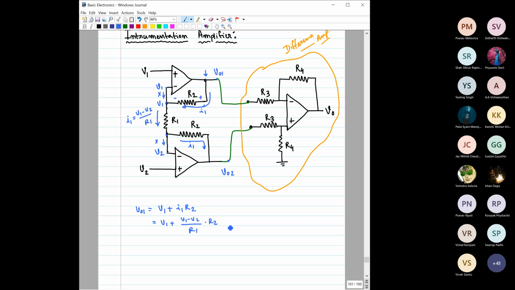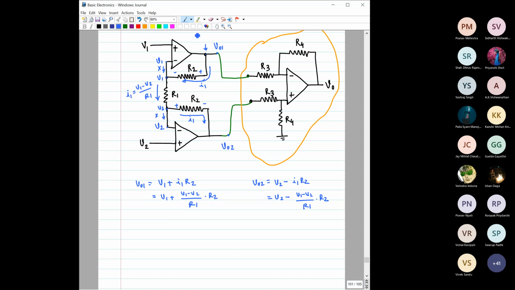We are not doing any more manipulation. We can do it later if required. Similarly, we can also find V output 2. Here this is V2, this is plus, this is minus, so it will be V2 minus the voltage drop across this, which is I1 R2. So it is V2 minus V1 minus V2 by R1 into R2, right?